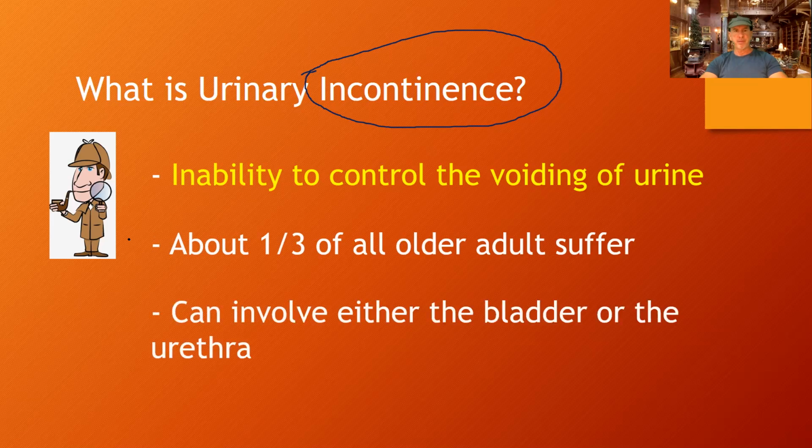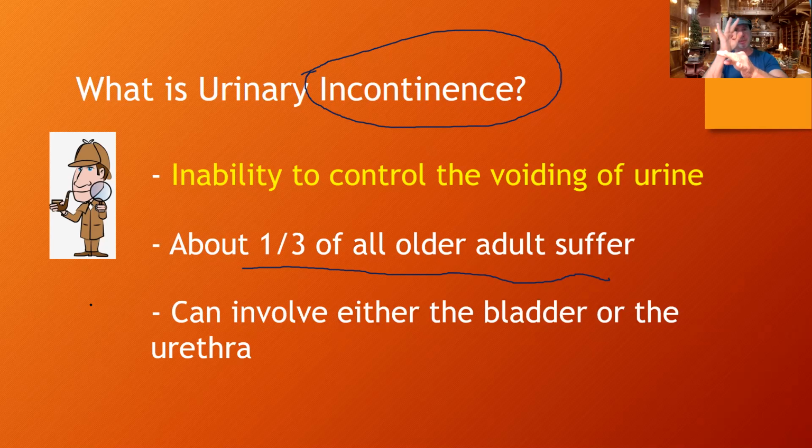About 1/3 of older adults suffer from incontinence. There are 2 sphincters that go from your bladder to your urethra: the internal sphincter and the external sphincter. They're both closed until your bladder fills up to a certain point, somewhere between around 300 to 500 milliliters.